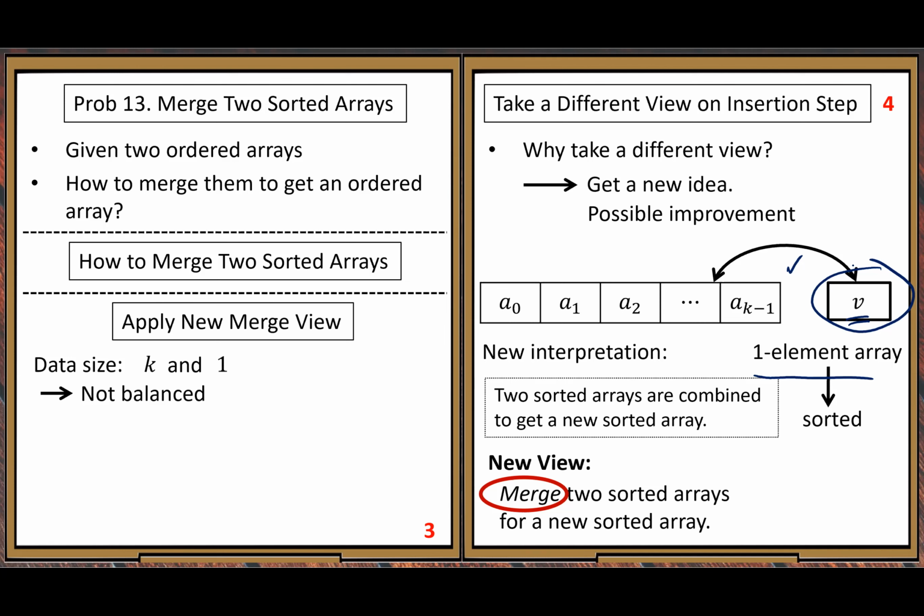But here, if we use the insertion way, the data distribution is not balanced. That means its worst case won't be good. It may have a good best case efficiency, but because your data distribution is unbalanced, most of the time you won't get a good worst case efficiency.